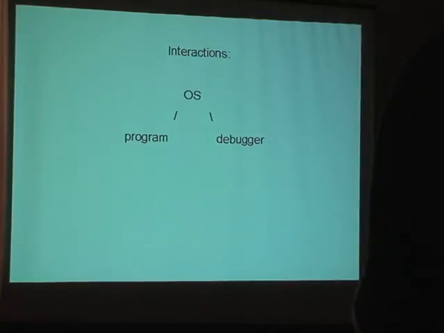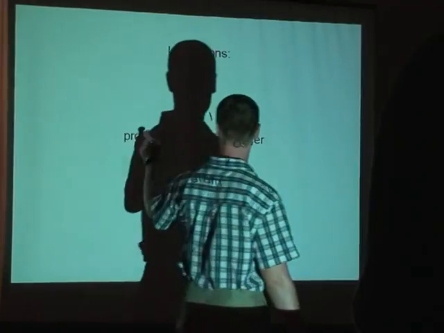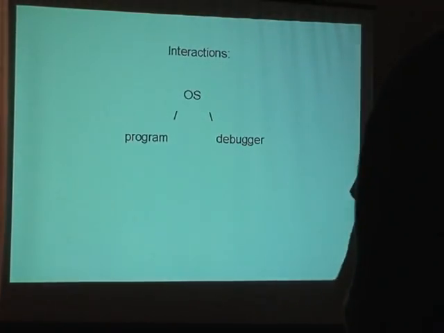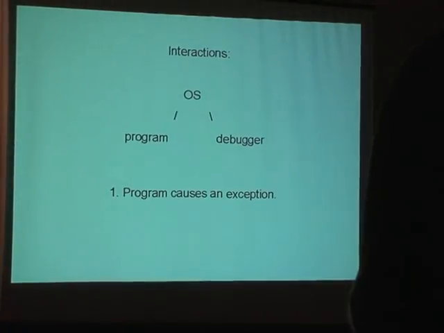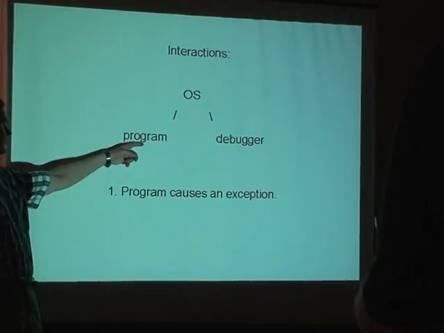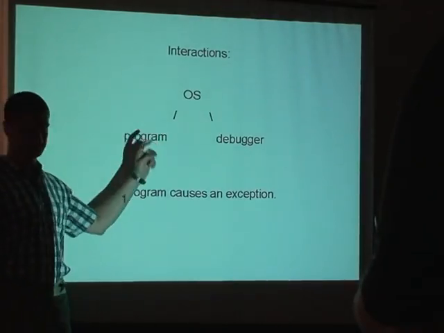So, how does it interact? We simplify it so that we have only the program, operating system, and debugger. What happens during debugging? At first, the program causes an exception.